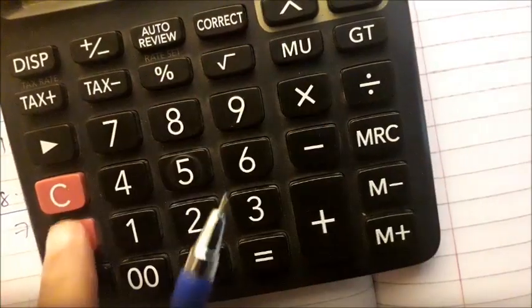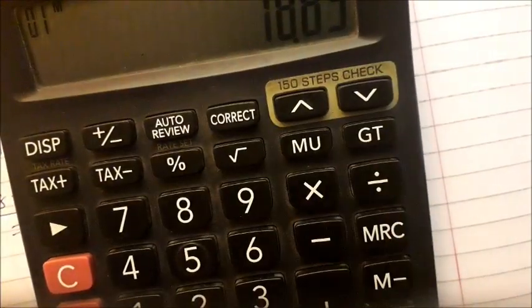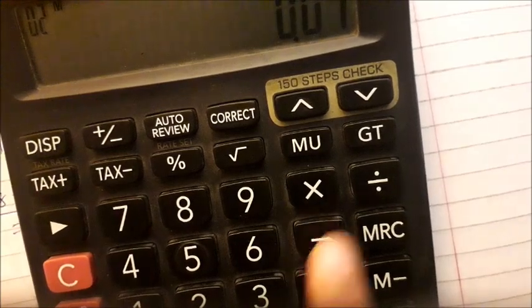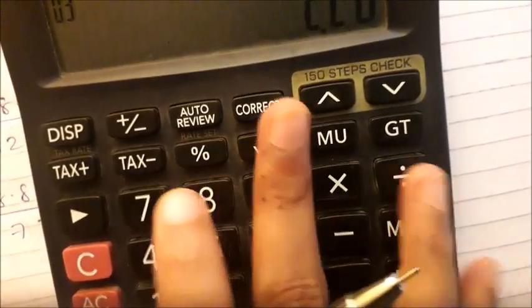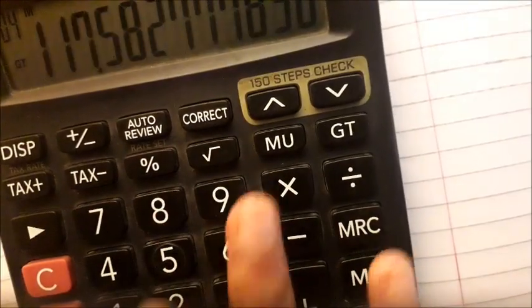Now calculation, it would be 18.83 divided by 0.07 divided by 2.28775 is going to be 117.58.